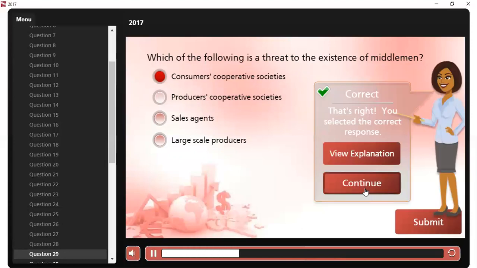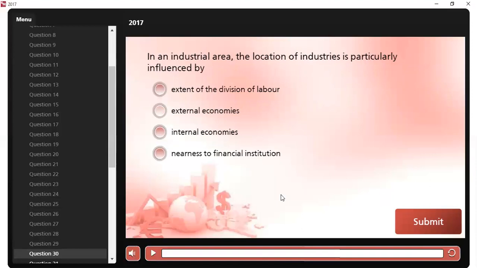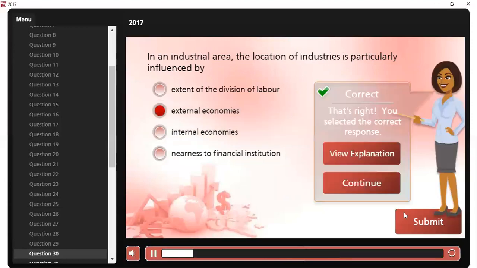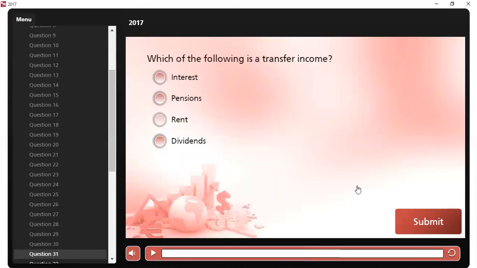Okay, so question 30. In an industrial area, the location of industries is particularly influenced by external economies. It has to be external economies. Yes, though we have other options as you can see on the screen. Question number 31.